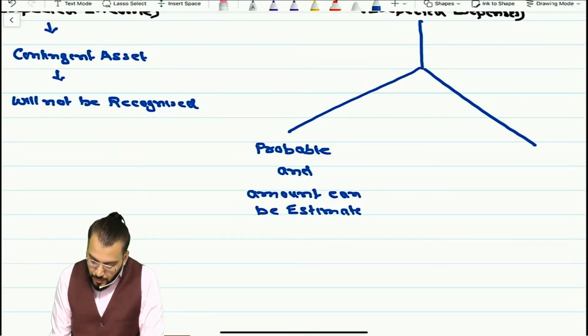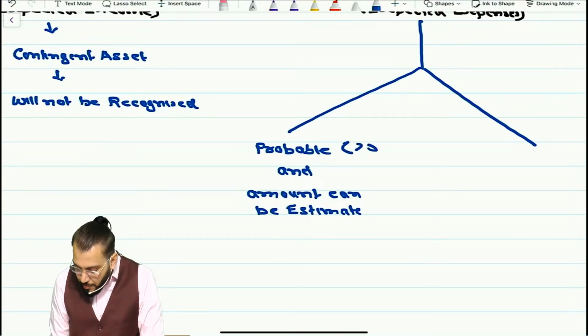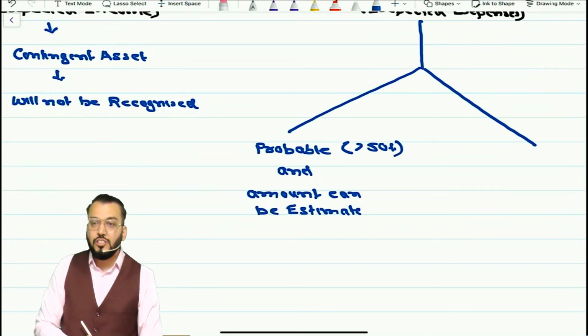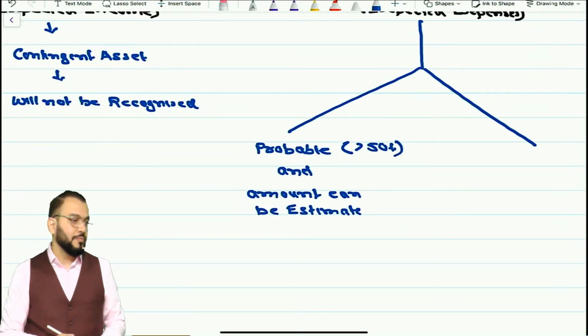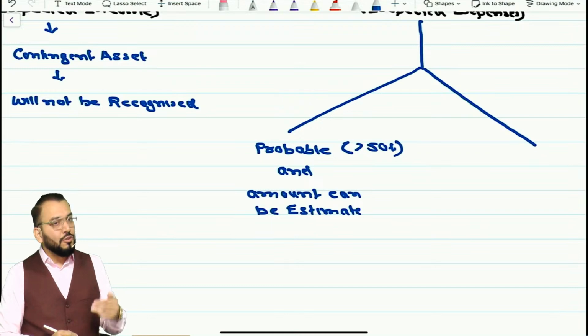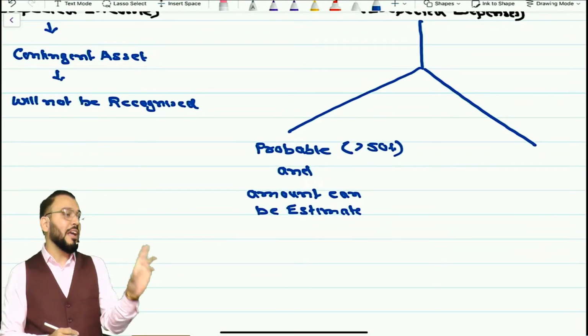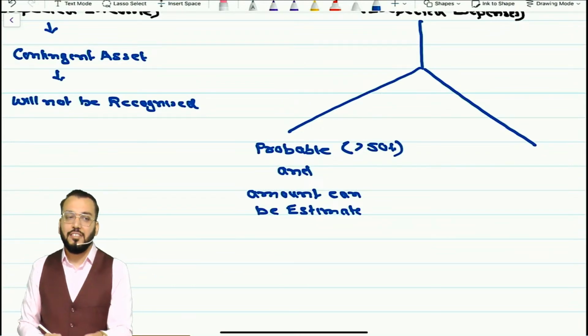Understood? When I am saying probable, it means chances are more than 50%. Correct? So if it is probable and the amount can be estimated, then recognize it.